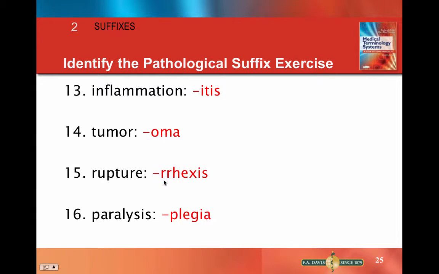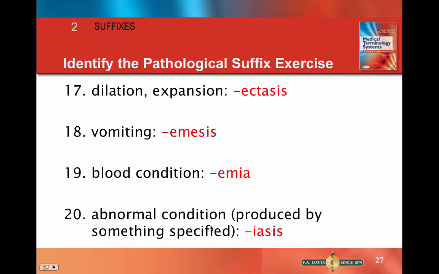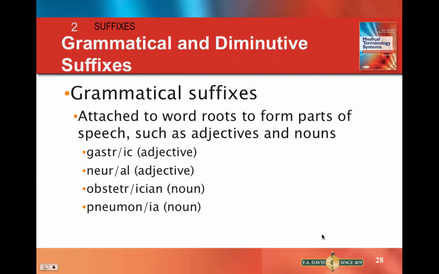Rupture, rrhexis, and paralysis would be plegia. Dilation or expansion, ectasis. Vomiting, emesis. Blood condition, emia, or abnormal condition, iasis.